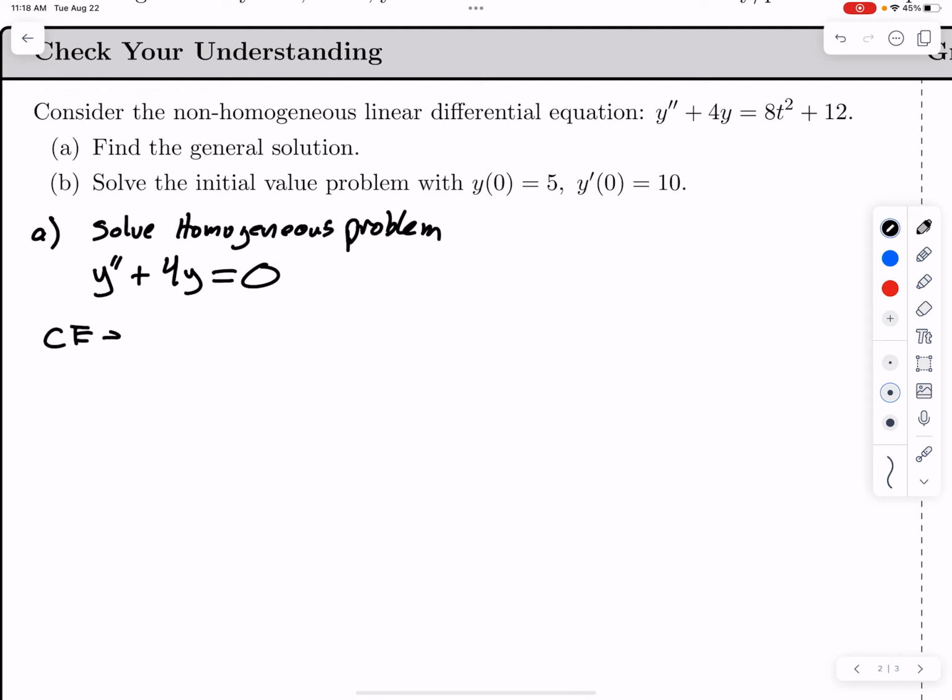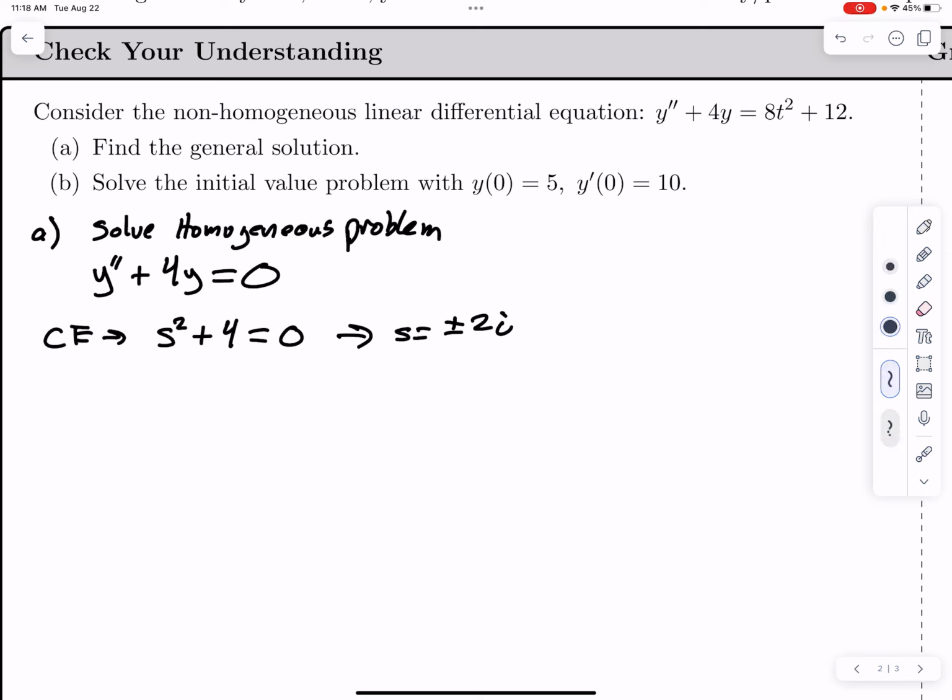We write down the characteristic equation, which in this case is s squared plus 4 equals 0. We can see that that's not going to factor. If you use the quadratic formula, you're going to see that the roots are s equals plus or minus 2i. Or if you prefer, you can think of that as 0 plus or minus 2i.